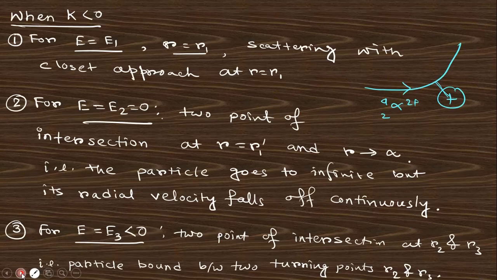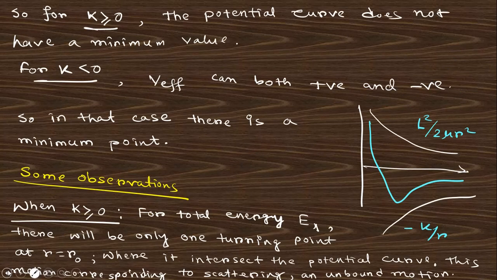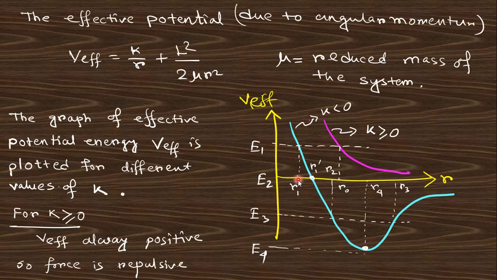In the other form, k less than 0, we take four energies: E1, E2, E3 and E4. In the case of E1 there is one intersection, in the case of E2 there is another intersection, in the case of E3 there are two intersecting points, and in the case of E4 there is one tangent point, right? Here the energy is positive and this is the scattering point.